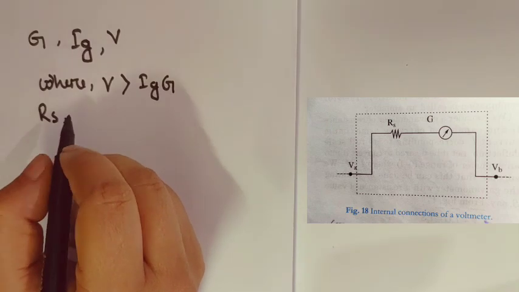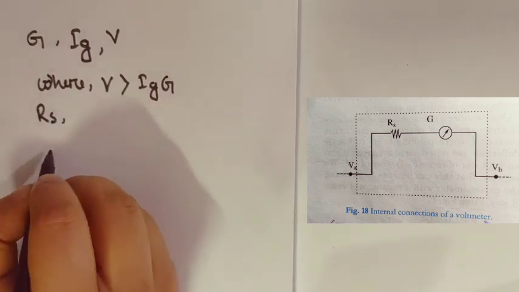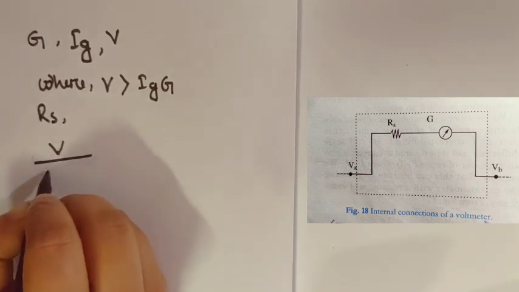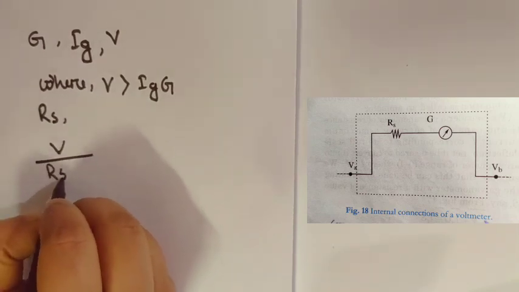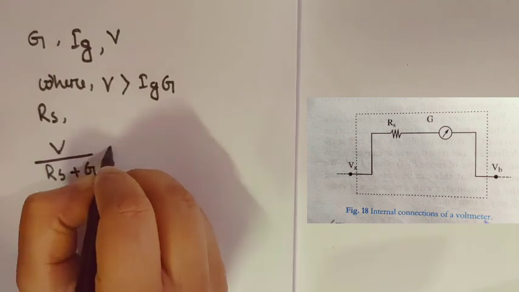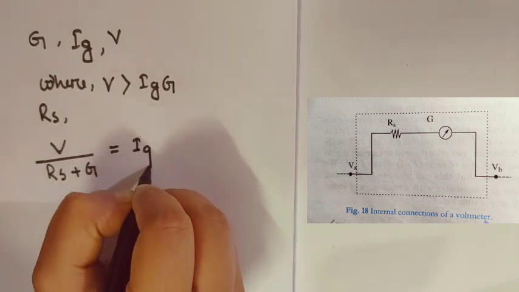By applying Ohm's law to this circuit, we can write V divided by Rs plus G is equal to Ig.